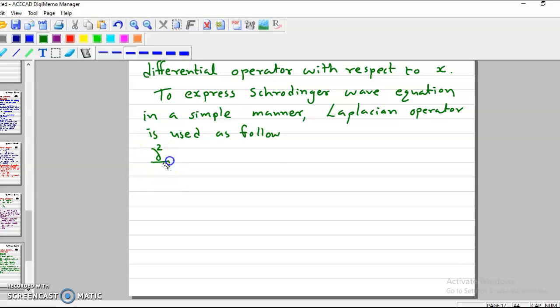Del square upon del x square plus del square upon del y square plus del square upon del z square. For that we write nabla square. This is Laplacian operator.